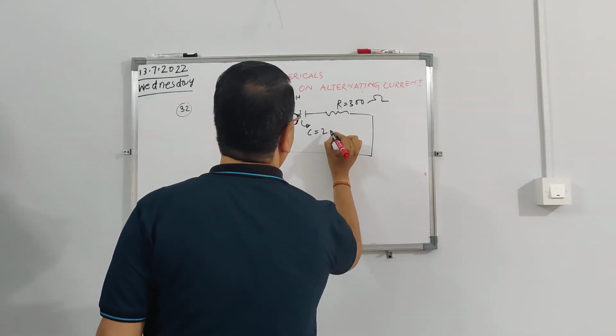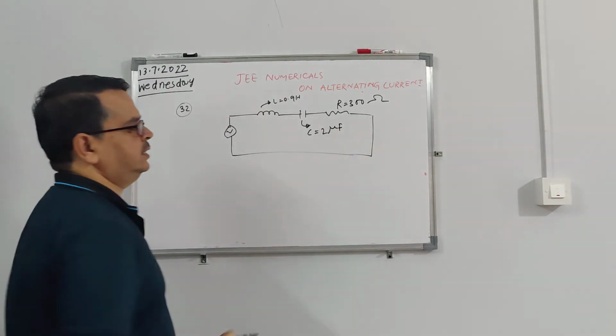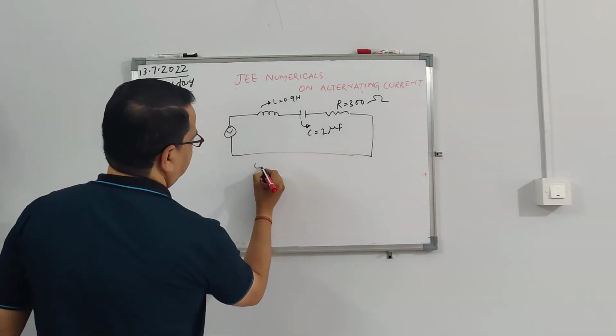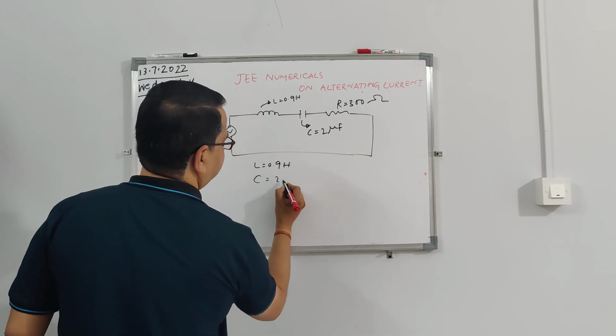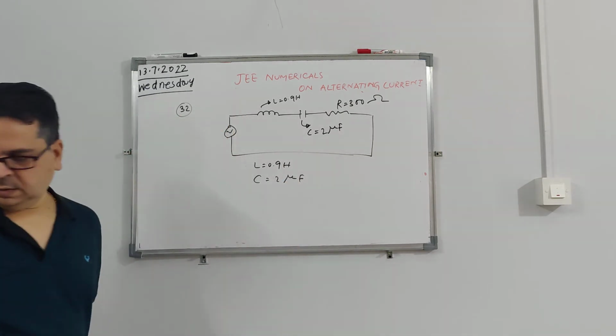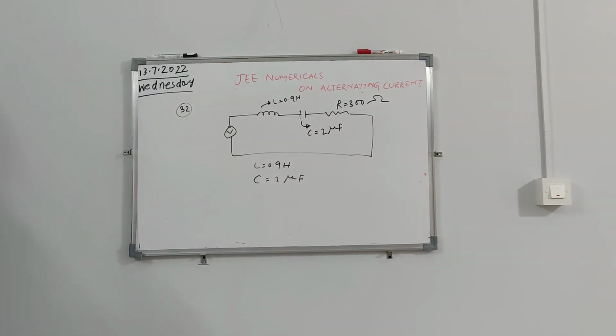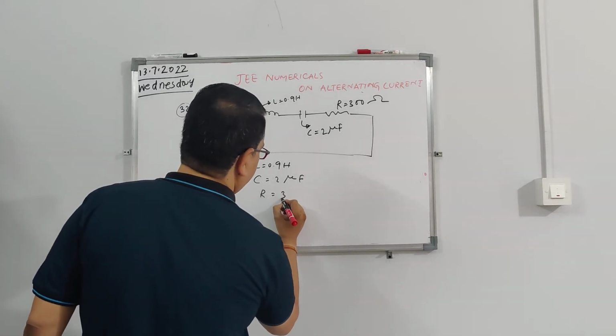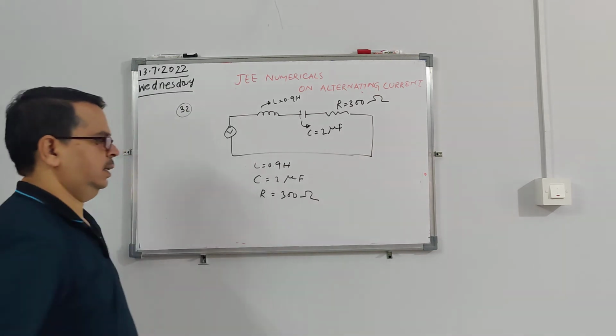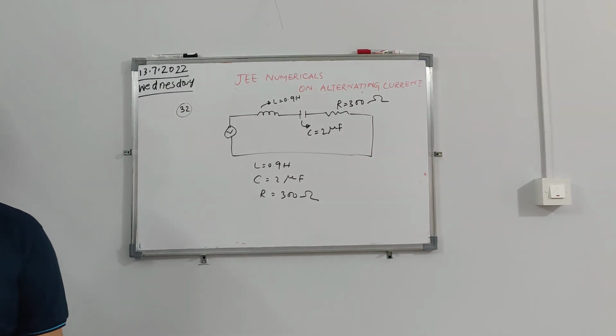So these are the things they have given. L is 0.9 Henry, capacitance is 2 microfarad, and resistance is 300 ohm.